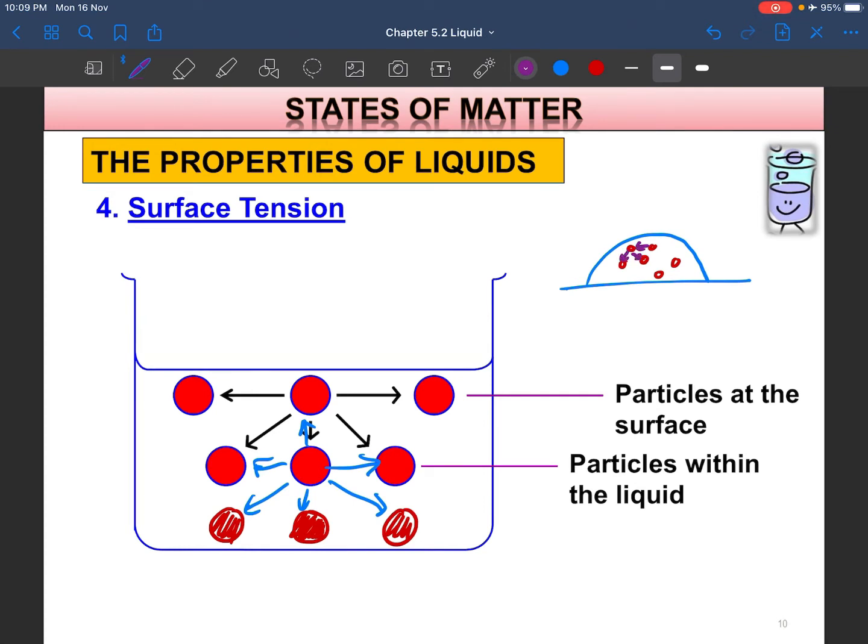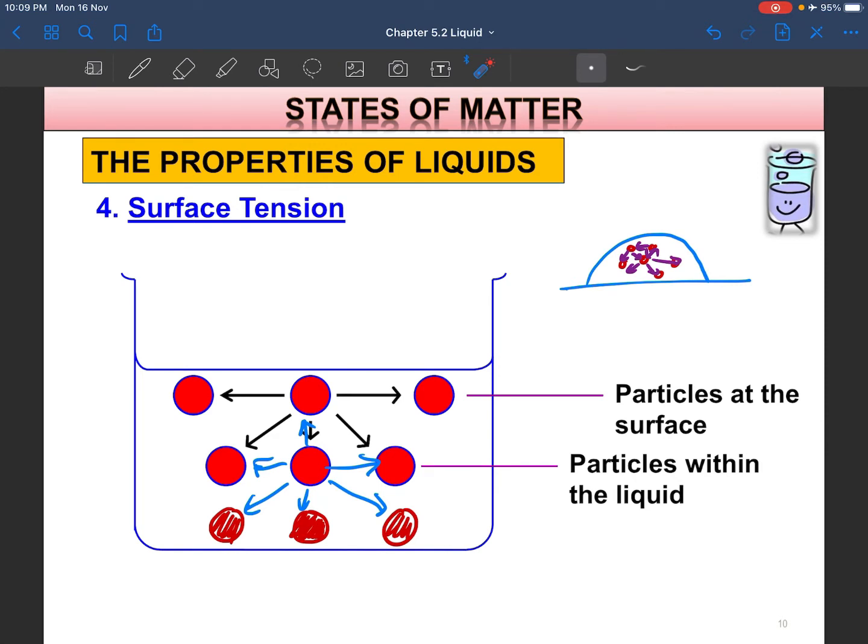Okay, macam tu. And then yang ni tertarik semua arah. Okay, so bila dia tarikkan tu, dia tak ada tarikan ke atas, so dia tarik ke tepi atau ke bawah. That's why last kali shape dia jadi spherical. Okay, so itu adalah surface tension.